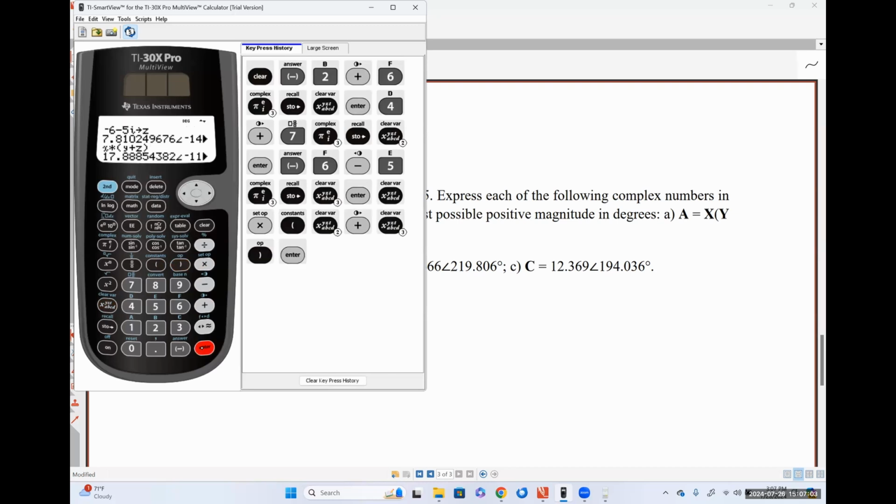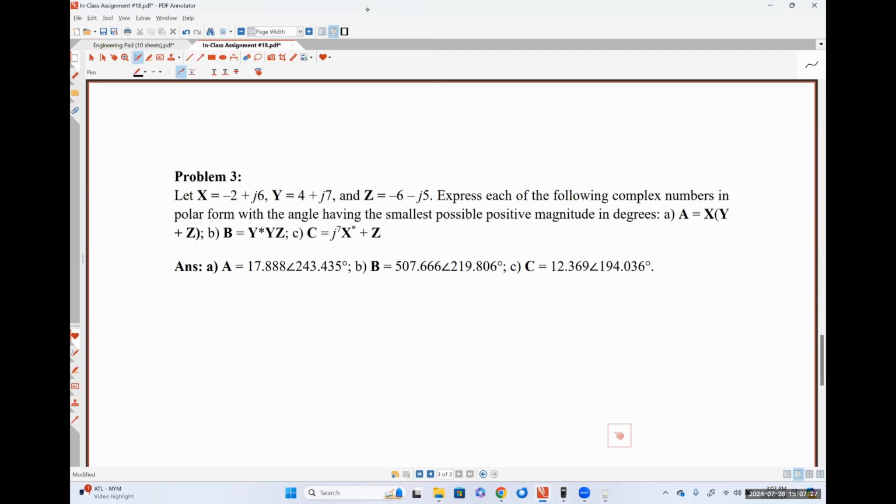Enter. And I get 17.888 with an angle of -116.565. Now, you all may notice that on the correct answer, it says that the angle should be 243.435 degrees. So let's talk about that really quickly. In the problem statement, we are specifically asked to express our answer in polar form with the angle having the smallest possible positive magnitude.